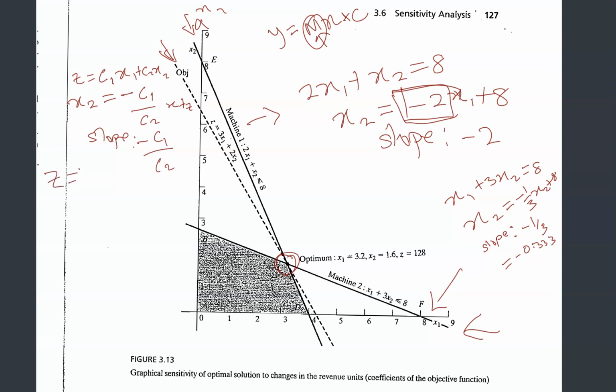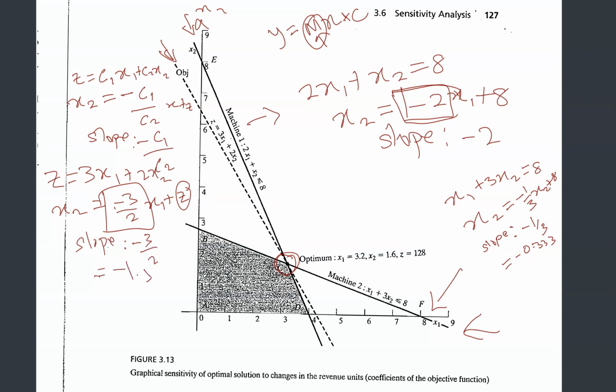In this problem, we have 3x1 plus 2x2, so the slope is minus 3 over 2 x1 plus z. z is a constant. In this case, we don't know the value of z and we only want to find the slope, so you can just write it as z. So the slope here is minus 3 over 2.